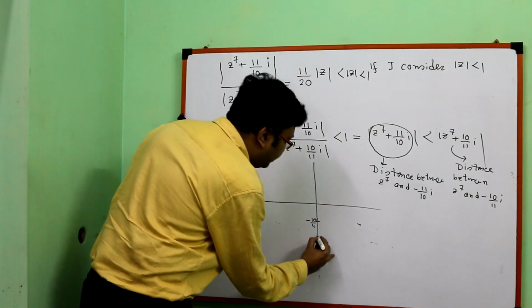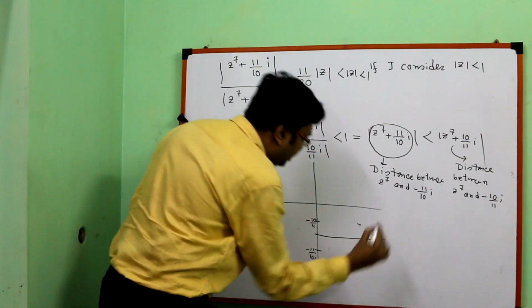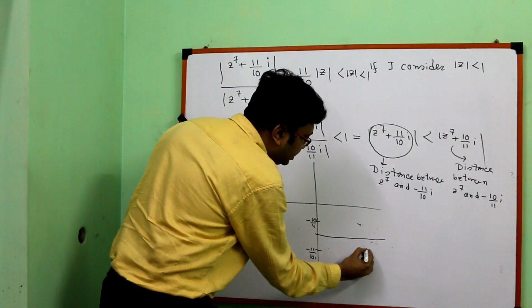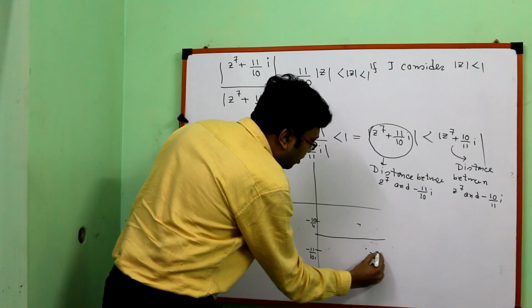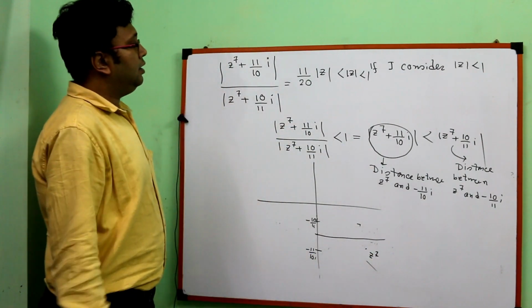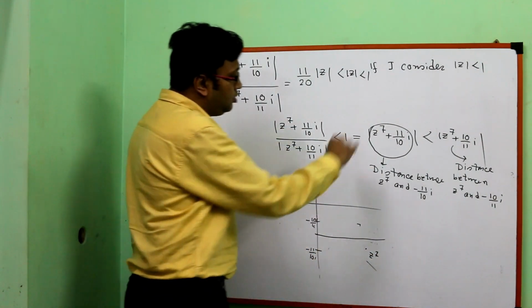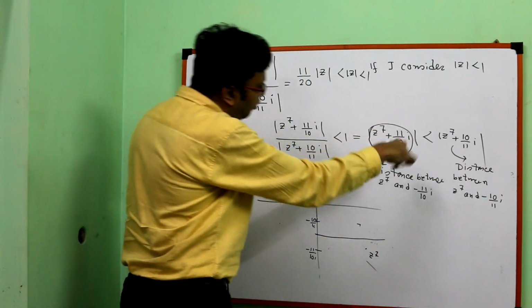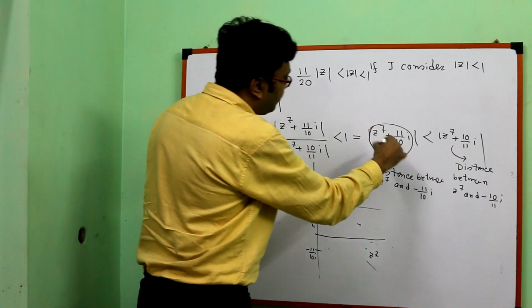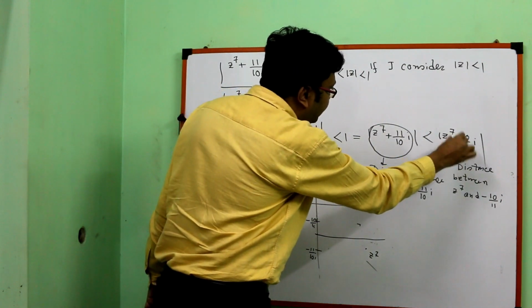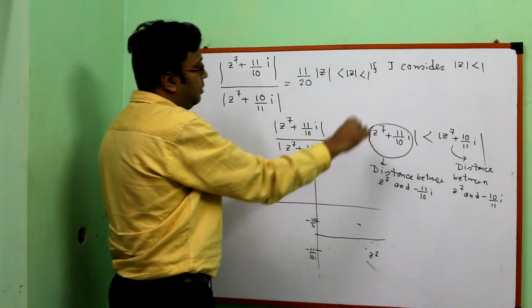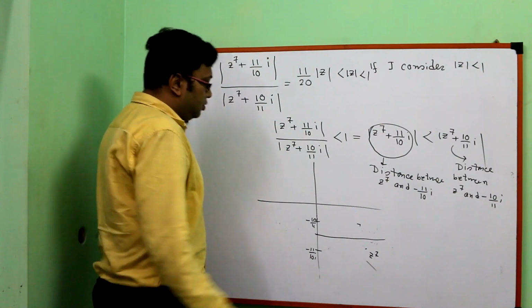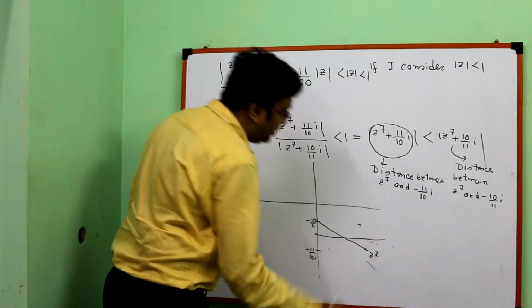So if I draw a bisector of that segment, then definitely z to the power 7 lies here or here, because z to the power 7 is keeping a more distance from minus 10 by 11i than minus 11 by 10i. So z to the power 7 lies here.